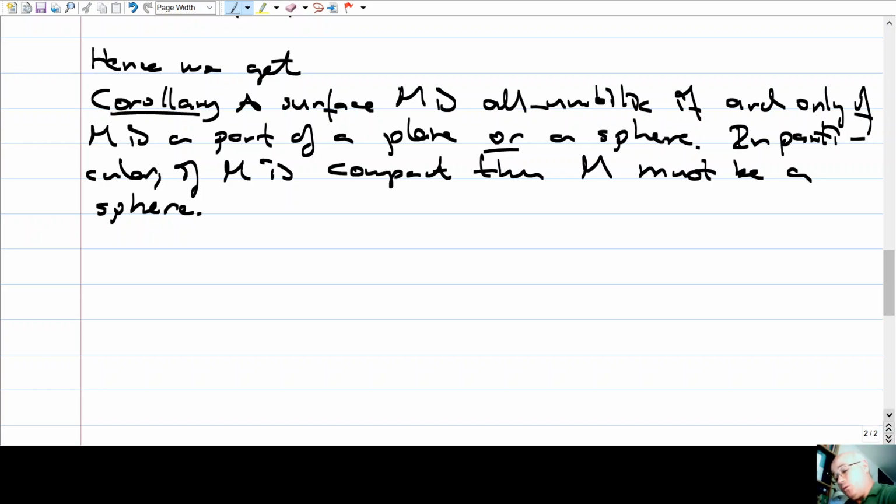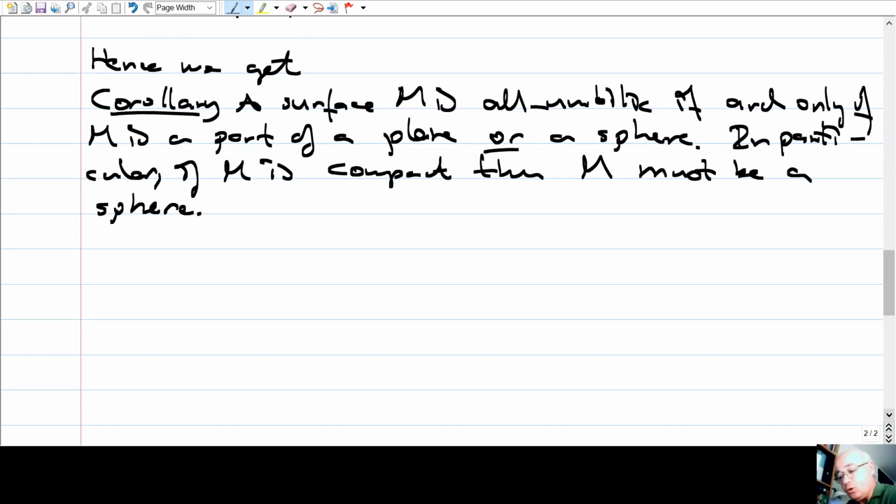So far we have proved the following. If a surface is all umbilic, then Gaussian curvature is constant, and that implies that our surface is a part of a sphere. Of course, there is the case that M can be a part of a plane.